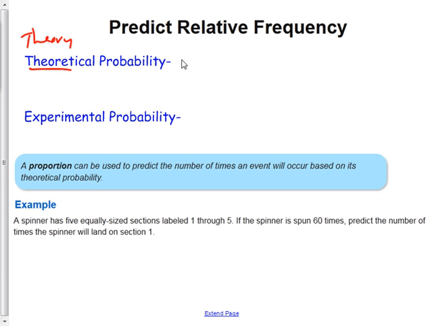So for theoretical probability, we need to think about what should happen. Should being a key word here. What we expect.